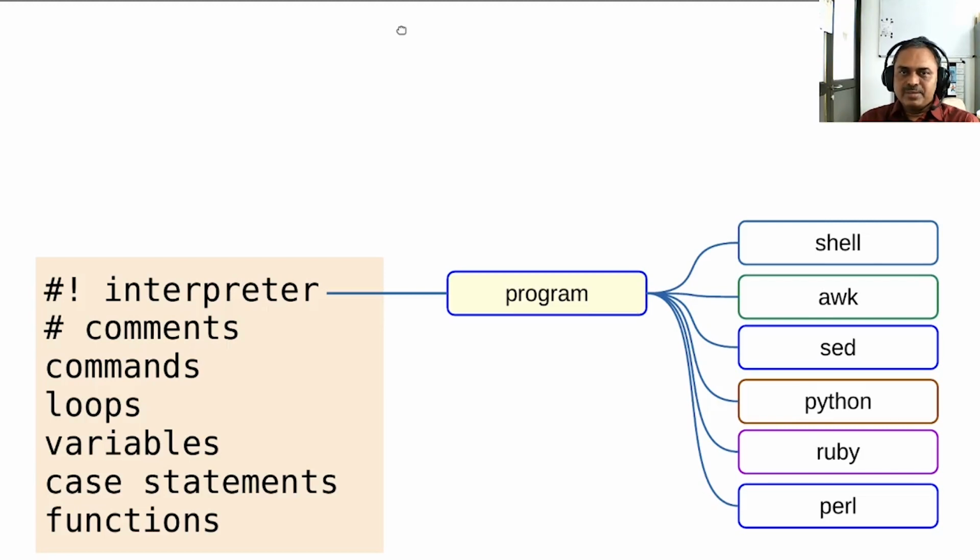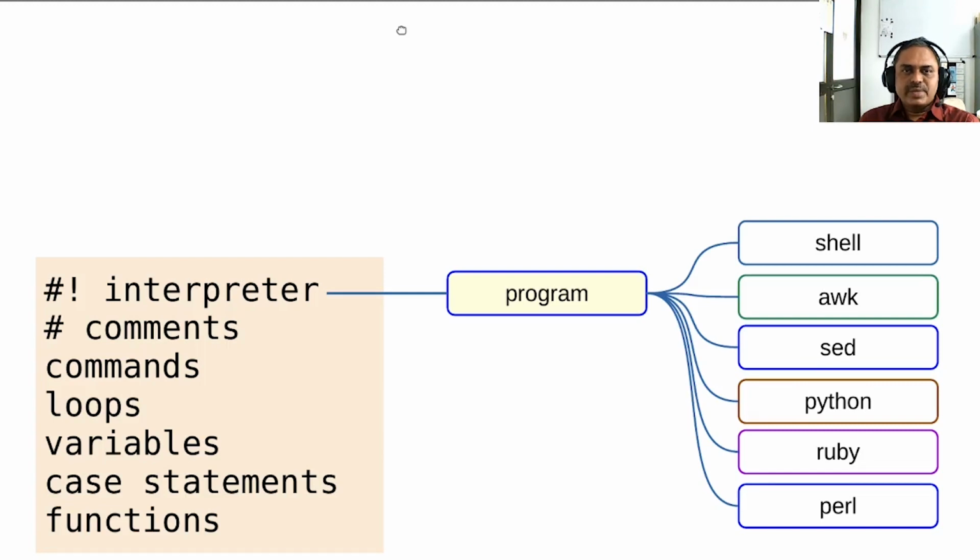Awk and sed are included in all flavors of Linux and Unix and are integral parts of the operating system, and therefore combining them with bash scripts is an attractive proposition to have a solution that would work entirely natively within the Linux environment. A typical script text is shown on the left, where the very first line is also actually a comment, because all lines that start with a hash are comments, but the very first line is special.